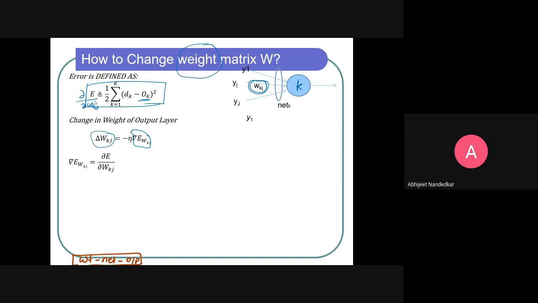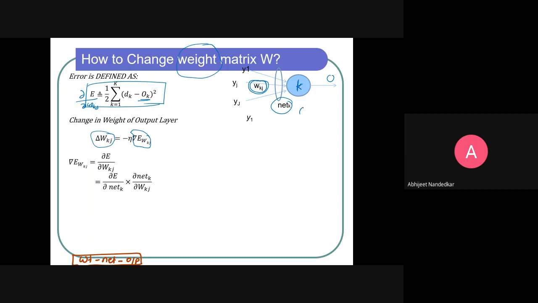We have to exploit the relation between error and net, since net of this neuron is directly related to output.